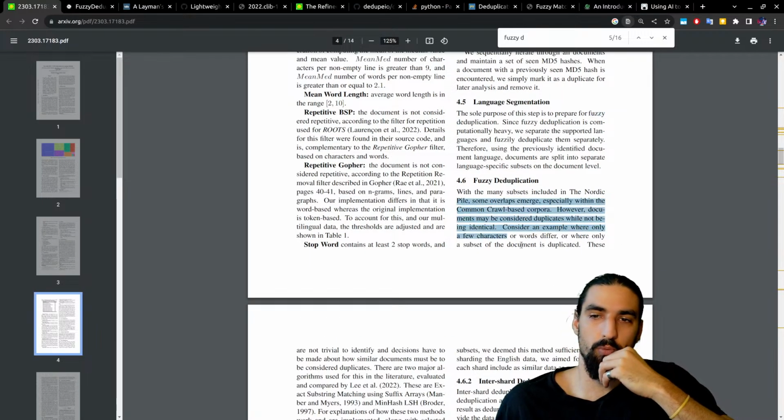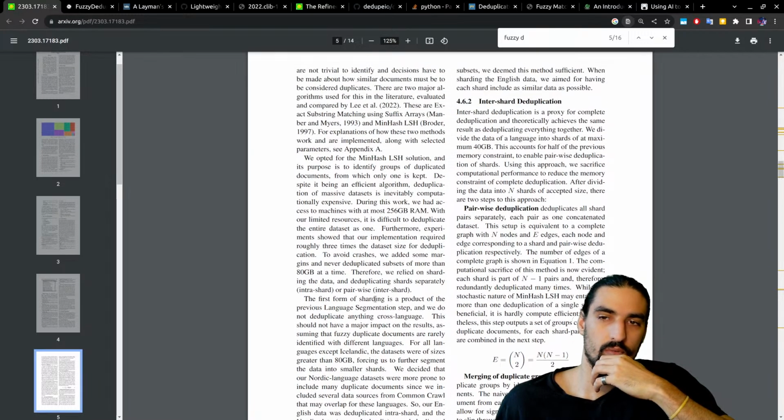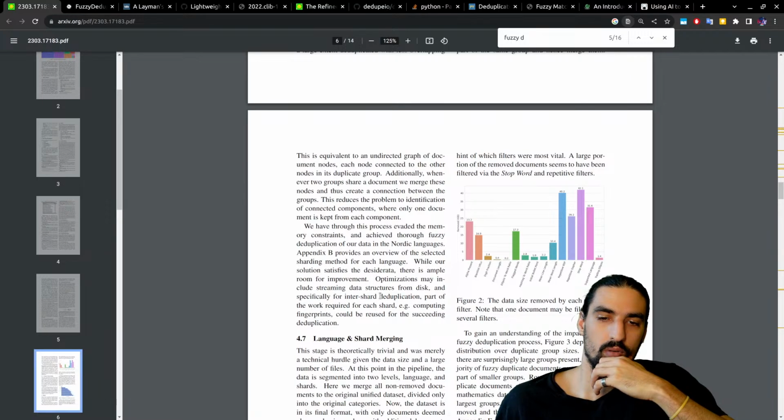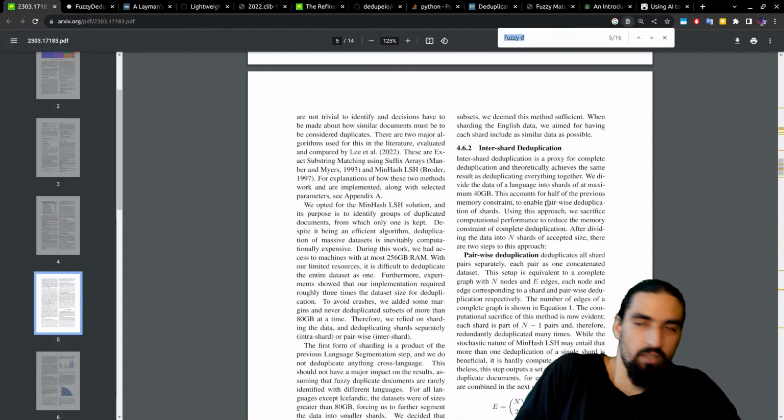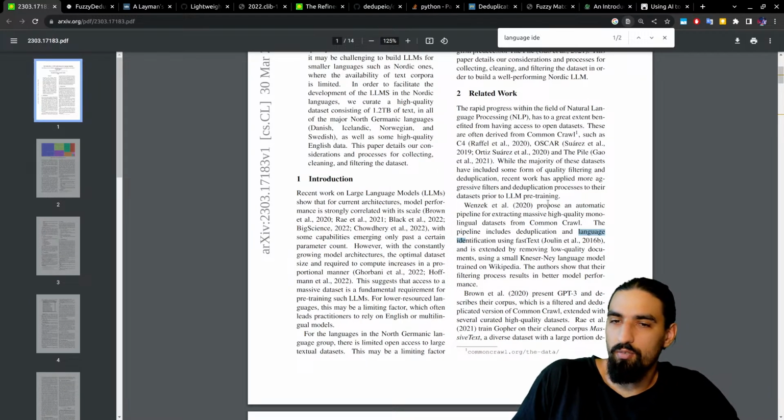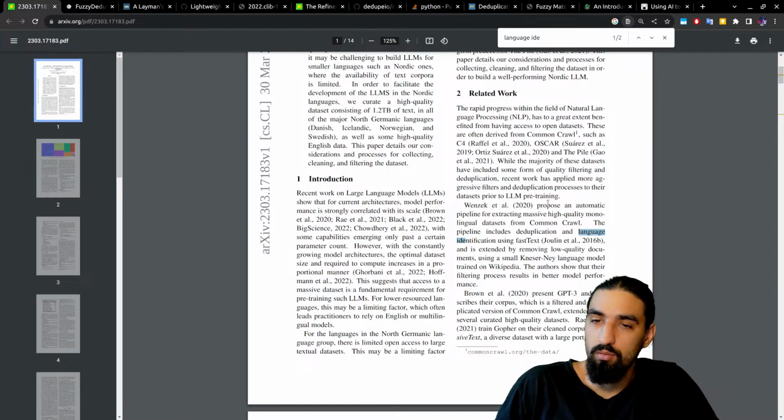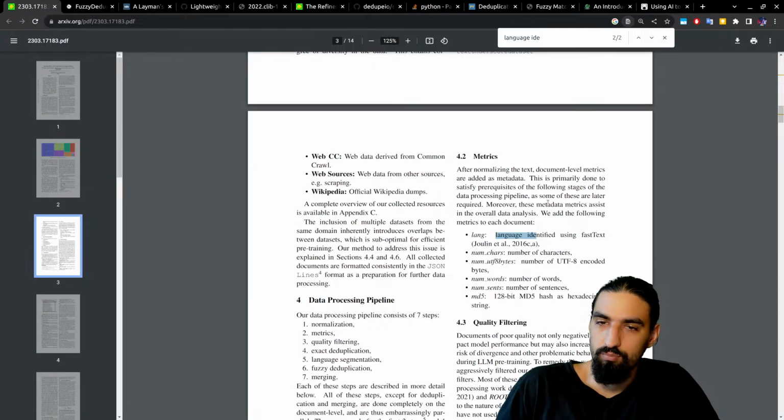And then there is a fuzzy dedup here. Let me see what they say about language IDs. Language identification using fastText.